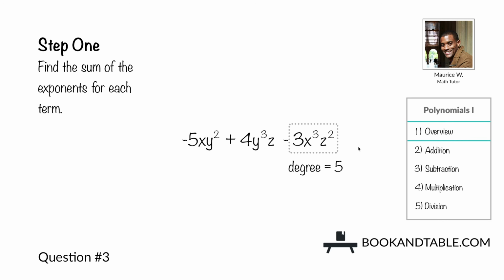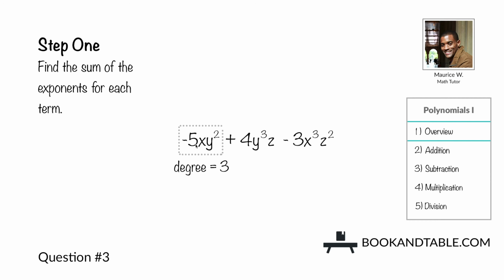In question number 3, we were given negative 5xy squared plus 4y cubed z minus 3x cubed z squared. The degree of 3x cubed z squared is equal to 2 plus 3, which is equal to 5. The degree of 4y cubed z is equal to 1 plus 3, which is equal to 4.